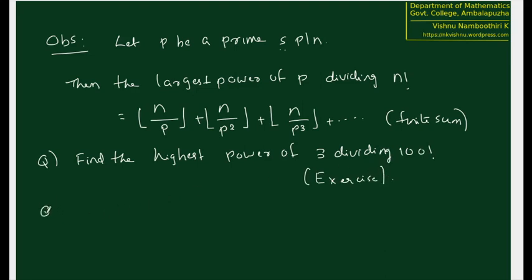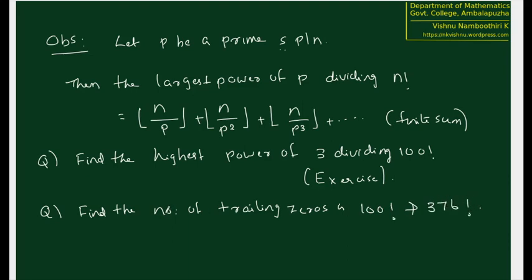One more: find the number of trailing zeros in 100 factorial, and one more question, 376 factorial. These are two randomly chosen, so this is also left as an exercise.